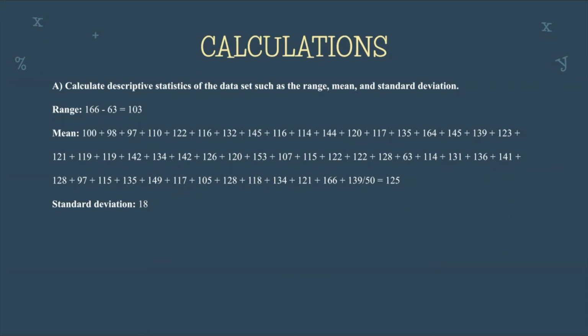I got it from the data set right here, since it was the biggest number, and 63 being the smallest. For the mean, I added up all of these numbers and divided that by 50 since there are 50 numbers, and I got 125. For the last one, the standard deviation, I got 18.